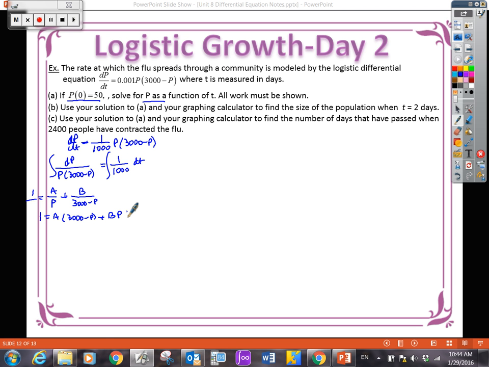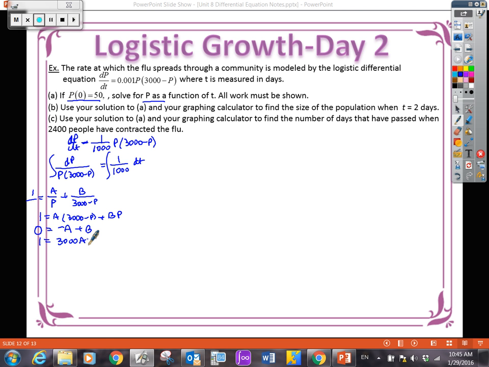So we don't have a p over here, so coefficient 0 is going to equal negative a plus b, and it's virtually like that every time. 0 equals negative a plus b. That's your first equation. The second equation is just almost virtually every time 1 equals, and my only constant here is 3,000 a.